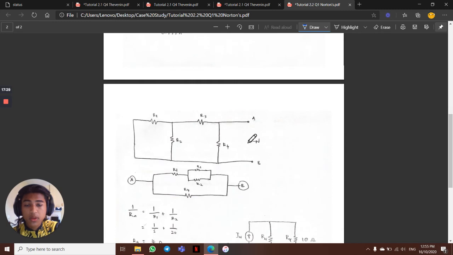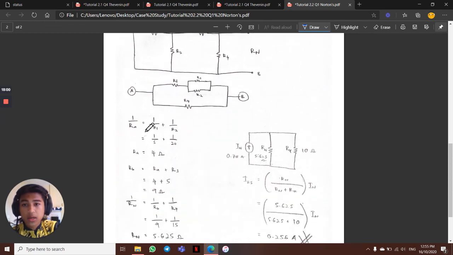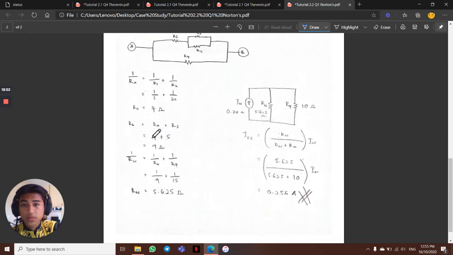So next, this is the circuit for the flow of terminal A and terminal B. As I said just now, the terminal at R5 is already defined as terminal A and terminal B for this Norton's theorem. So we will sketch the flow of the current from terminal A to terminal B, so that you can easily calculate the RA and RB.